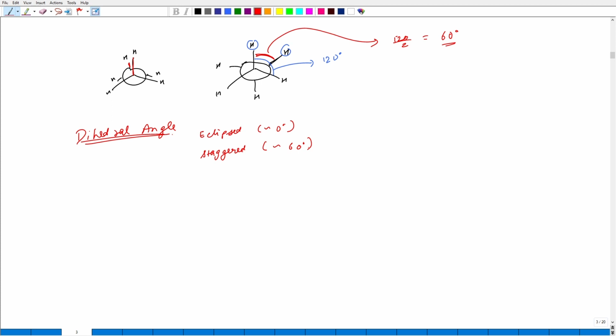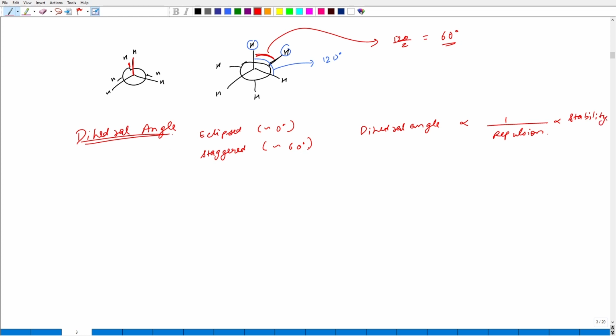How is it? Dihedral angle is inversely proportional to the repulsion. What I am saying is, if the dihedral angle of the molecule is higher, the repulsion will be less, and it is directly proportional to the stability.